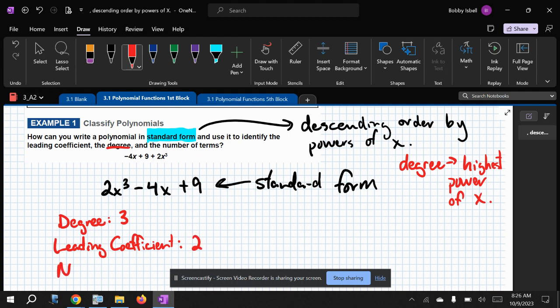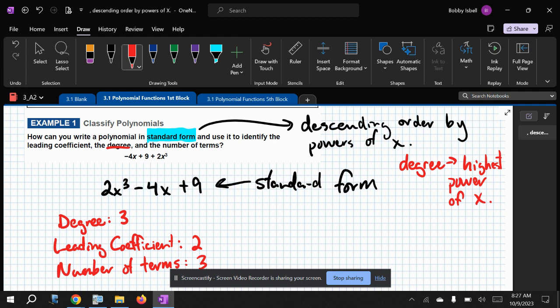Now the number of terms, how many pieces are there? There are 3 terms. 2x to the third is a term, minus 4x is a term, plus 9 is a term. So 3 terms. It has a degree of 3 and a leading coefficient of 2.